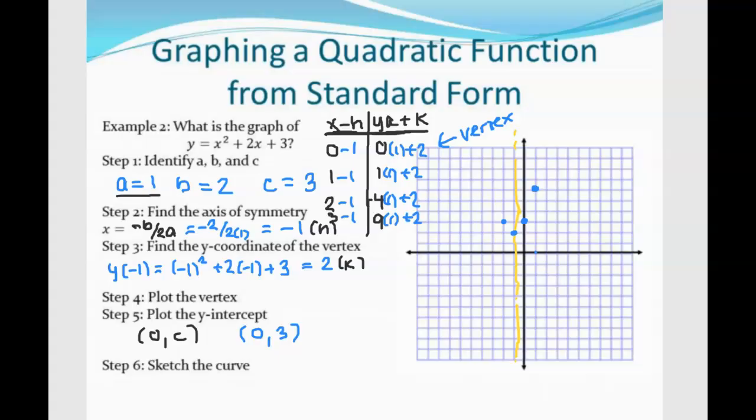And remember, however many points it is to the right of the yellow line, it will also be to the left. And then we also have one last point. 3 minus 1 is 2. And then 9 times 1 plus 2 is 11. So that would be up here. And then you connect them to get your parabolic curve.